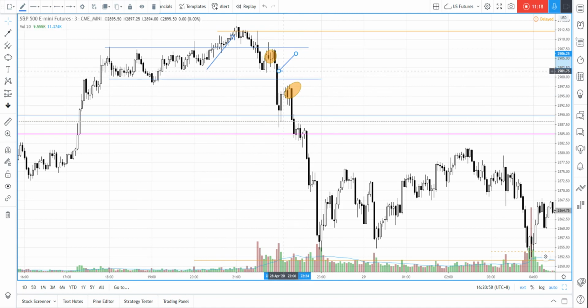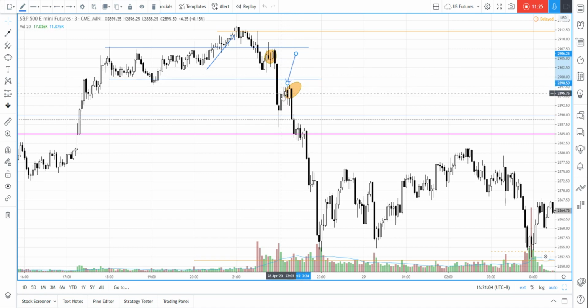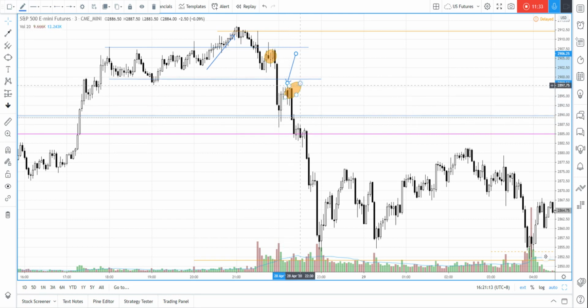You can take this breakout trade, but what I would generally do is take the weak rally up, something like this. After the breakout and a pullback or rally up, I will initiate a short position around here, where I see some kind of rejection or even a reversal bar.